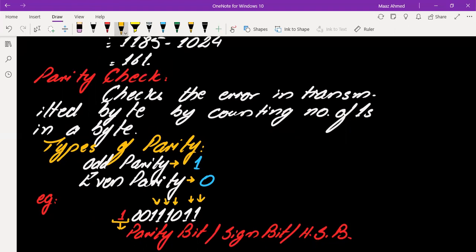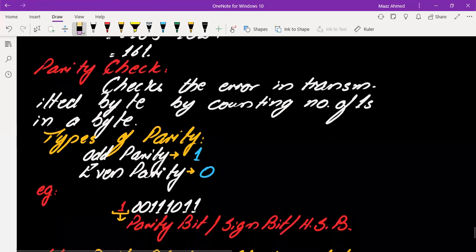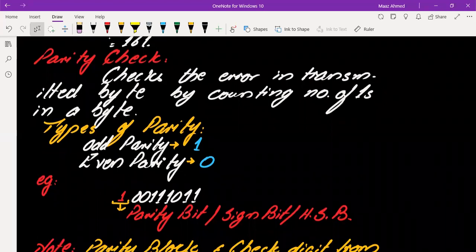Now is 5 an odd number or an even number? Odd number. So over here, what I will be writing in the parity bit is 1. Okay, the parity bit is also the sign bit. It's also the highest significant bit. Okay. If the number of ones were 2, what should I write over here? 0. 0. Ashina, are you getting this point?